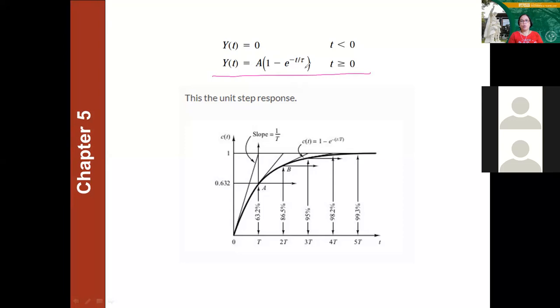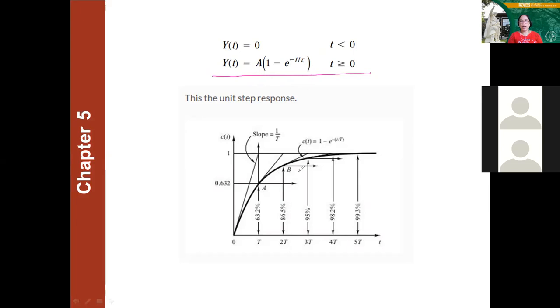Your response to a step forcing function is dependent on two things: the time duration in which the response is to be measured, and the tau, which is a characteristic of the system. Of course, it also depends on the magnitude of your step forcing function. But generally, in terms of the formula, since A is a constant and stated in the problem, your response will be dependent on the time in which the response is to be measured and the tau of your system.